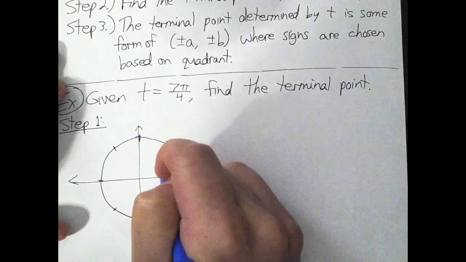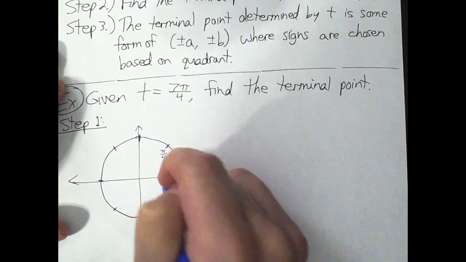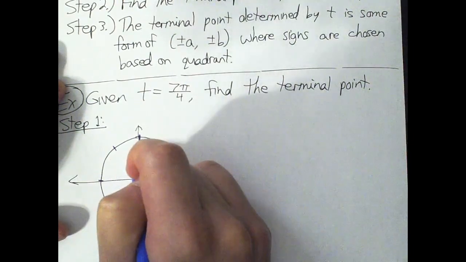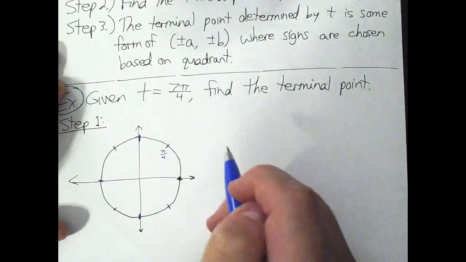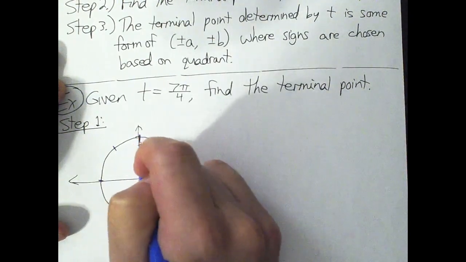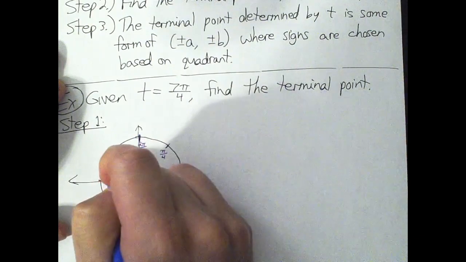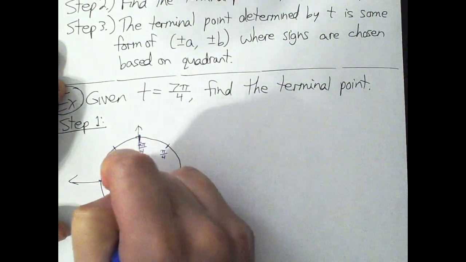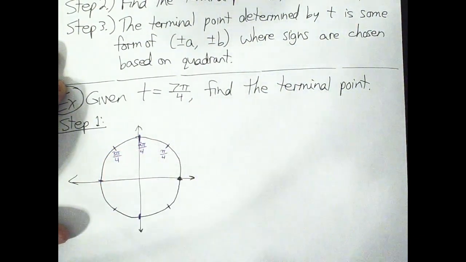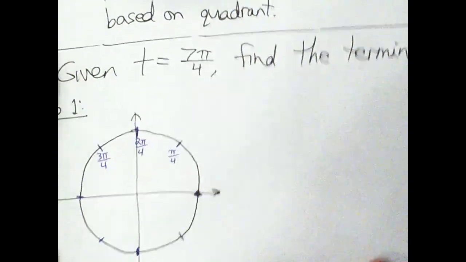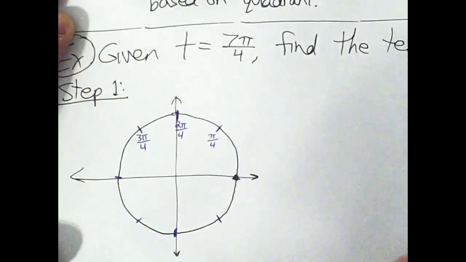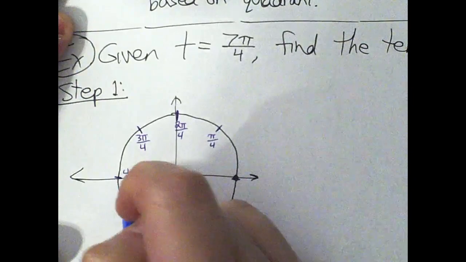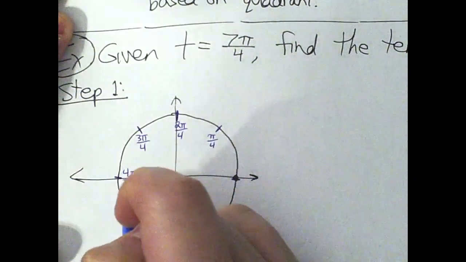Well, this would be pi over 4. Do we want to label all of them? Let's do that. 2 pi over 4, 3 pi over 4. I'm going to zoom in on this, because I'm writing small. Can you see that this is 4 pi over 4, also known as pi?